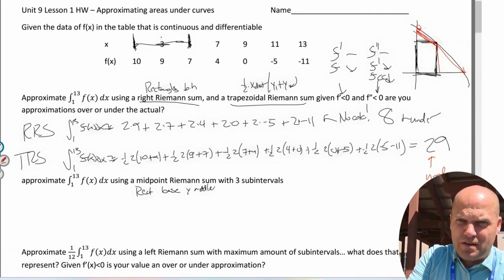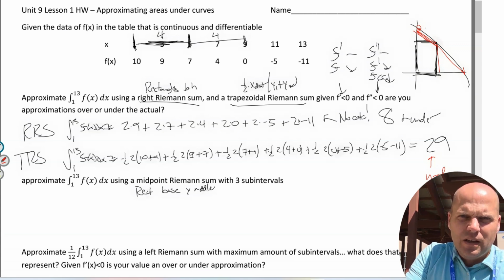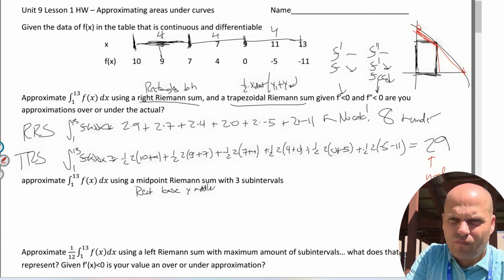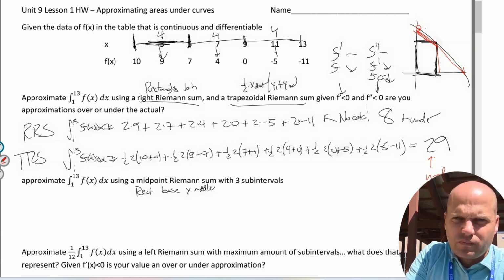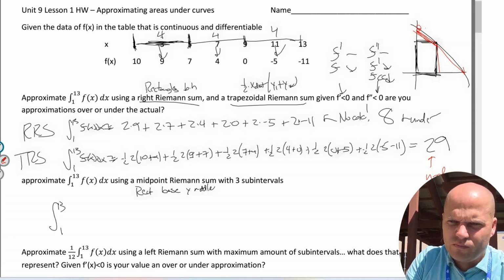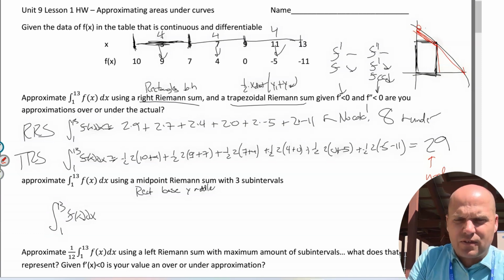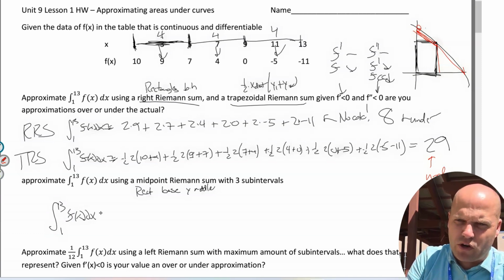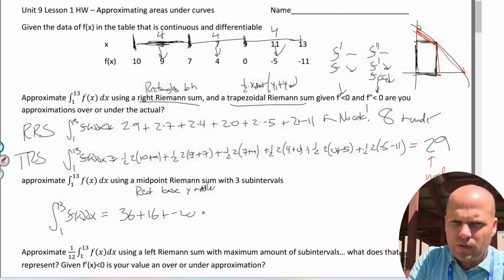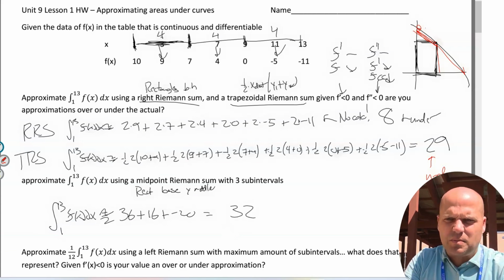So the first one, don't make this mistake, 4 by 9, and then a 4 by 4, then a 4 by -5. You would not be asked if you're over or under the actual for midpoints, so don't worry about it. This is approximately.